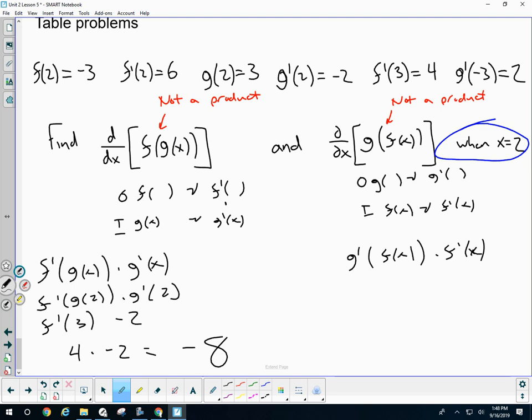Okay, do the one on the right. See if you can evaluate this one on the right. g prime of f of x times f prime of x when x is 2.